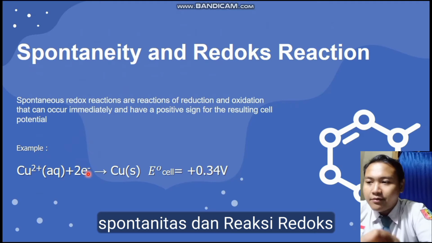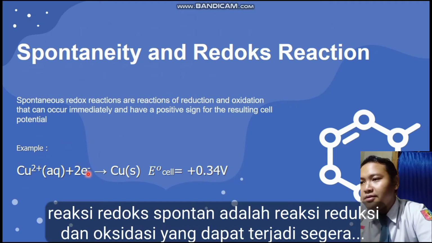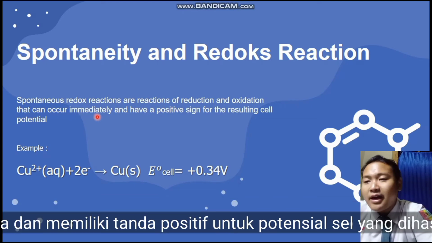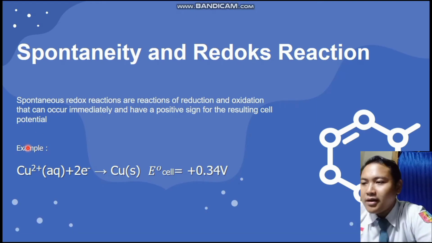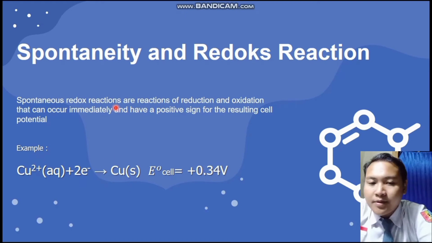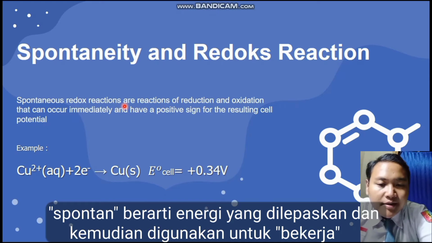Spontaneity and redox reaction. Spontaneous redox reactions are reactions of reduction and oxidation that can occur immediately and have a positive sign for the resulting cell potential. Here is some example of spontaneity and redox reaction. Spontaneous means that energy is being released and it can then be used to do work.